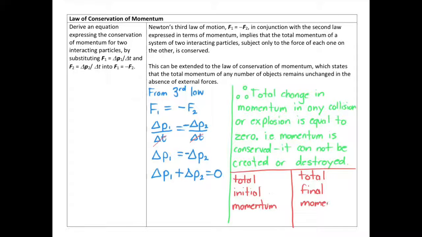And I'll go through some problems so you get to understand what we mean by that. Just quickly, the total initial momentum must be equal to the total final momentum. Let's get on and do some problems.